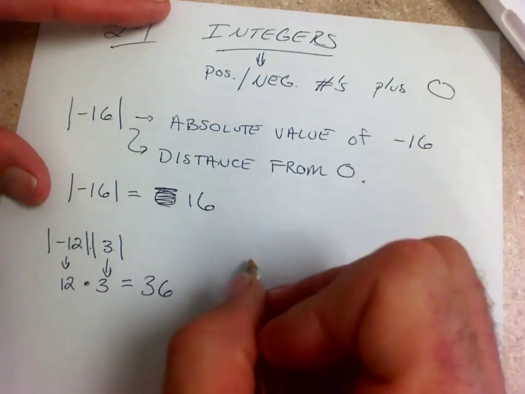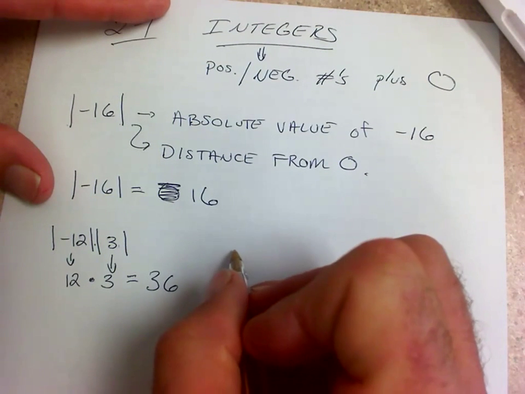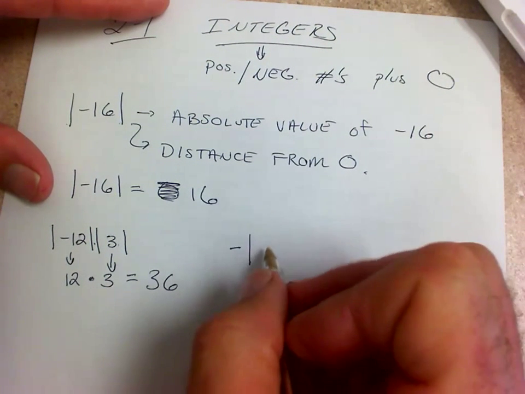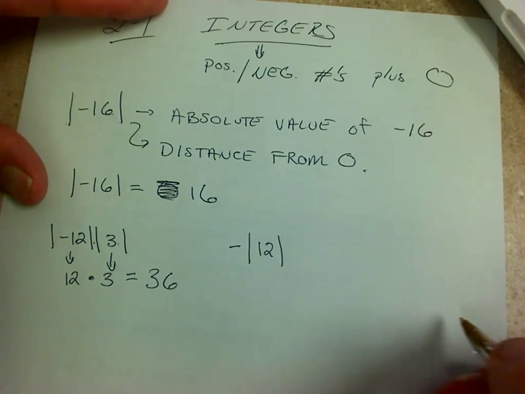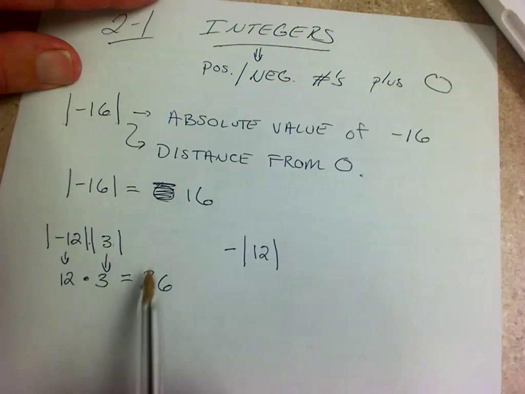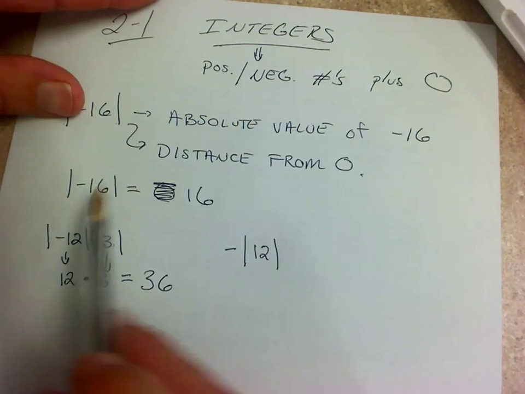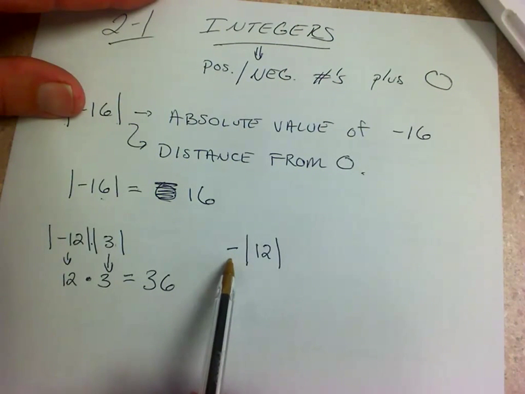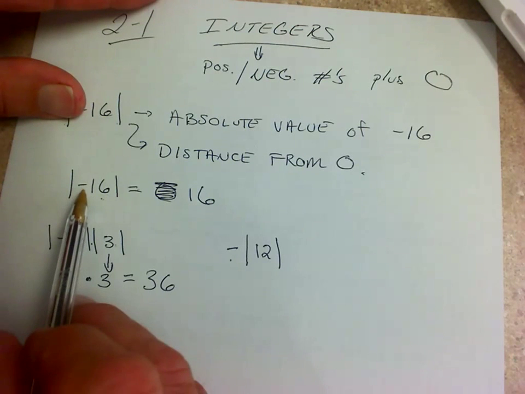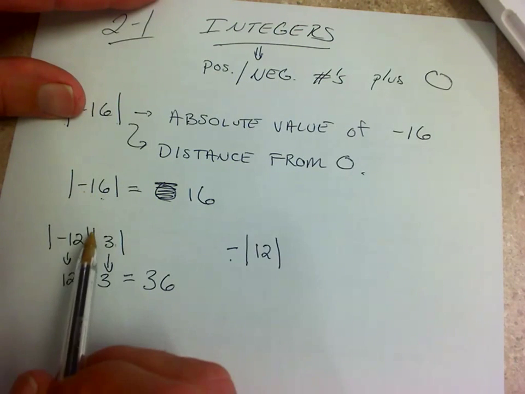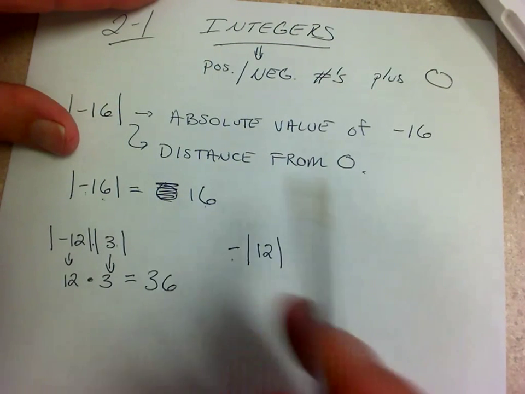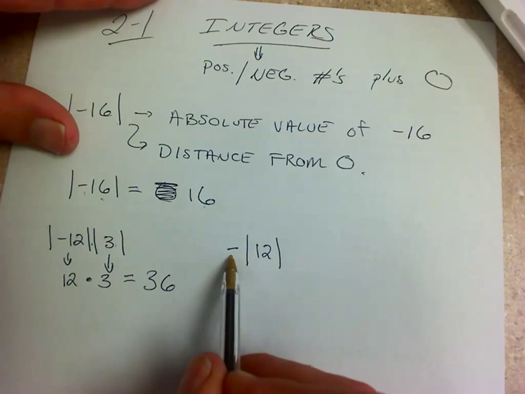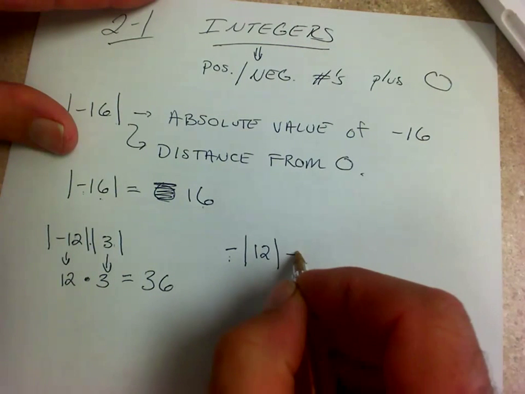Okay, so we can do a variety of stuff. Another example that we might look at would be negative absolute value of 12. Now this one's just a little bit different than the one up here. If you notice, this negative sign is out front, while this negative sign was inside. The distance from 0 is 16 units, but this wants the negative of that.